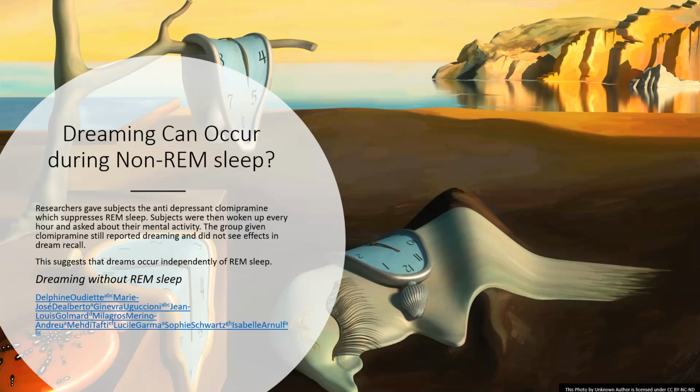It was a double-blind placebo study, and they found that even subjects who didn't have REM sleep were still able to have dreams, and they reported them with similar qualities to people who are woken up during quote-unquote REM sleep. So this shows that REM sleep is not the only time when you can dream. You can dream in other stages of sleep.